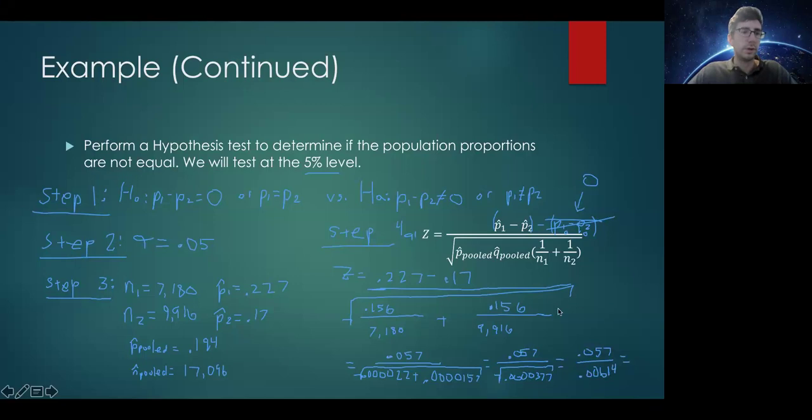So now if we divide 0.057 by 0.00614, we get a pretty large z value, right? I get 9.28.